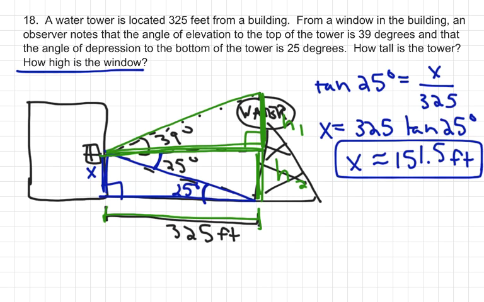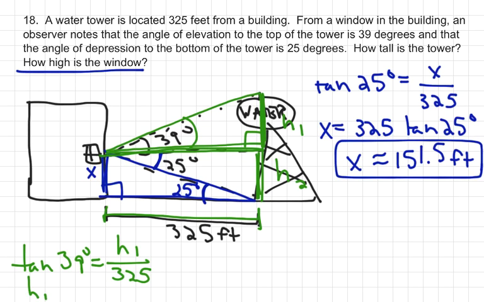I am going to use tangent again to set up a trig function for finding height 1 because I have this angle. Height 1 is the side opposite, and 325 is the side adjacent. So the tangent of 39 degrees is going to equal height 1 over 325.